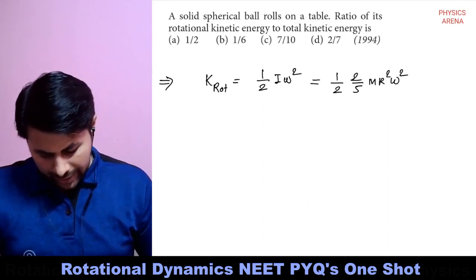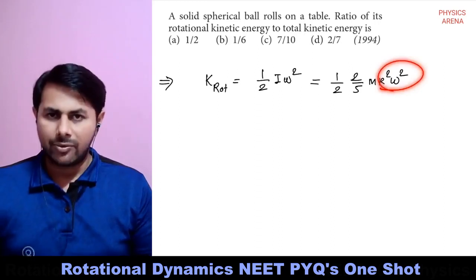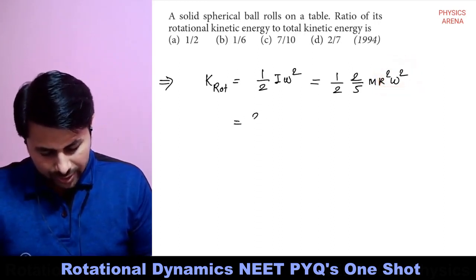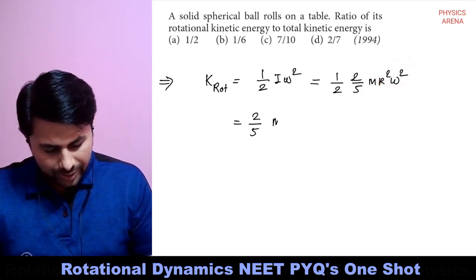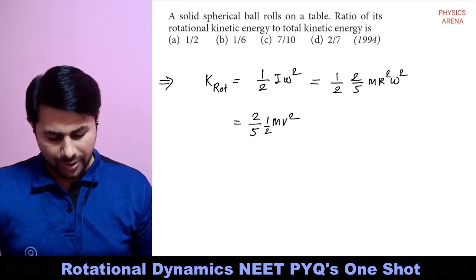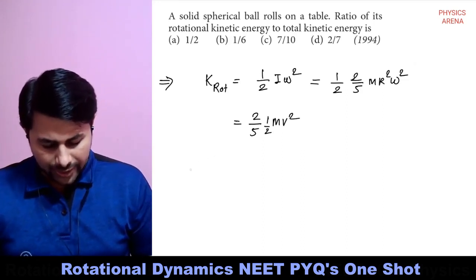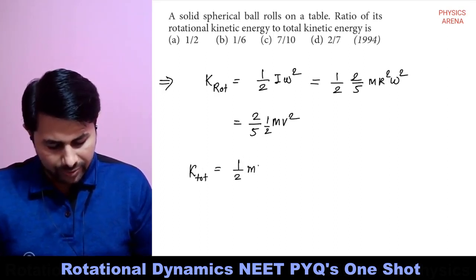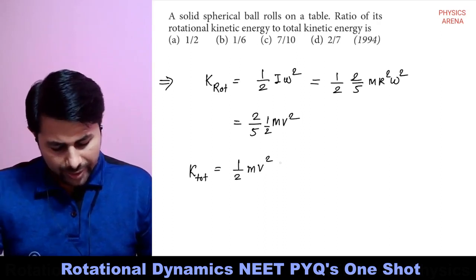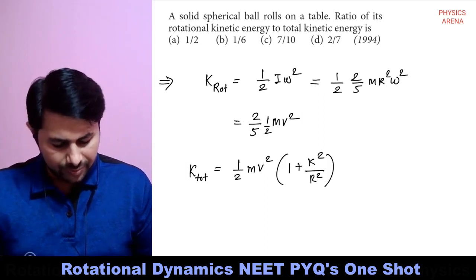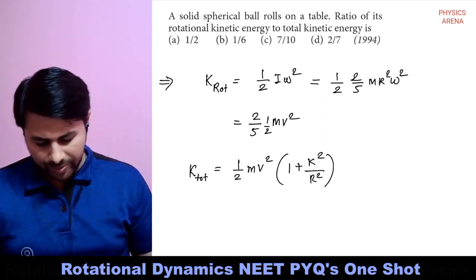And r omega equals v. So you get the kinetic energy of rotational motion as 2 by 5 multiplied by half mv square. And what is total kinetic energy? We know it is half mv square multiplied by 1 plus k square by r square.